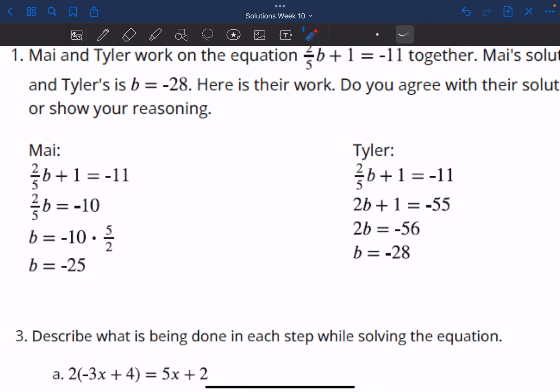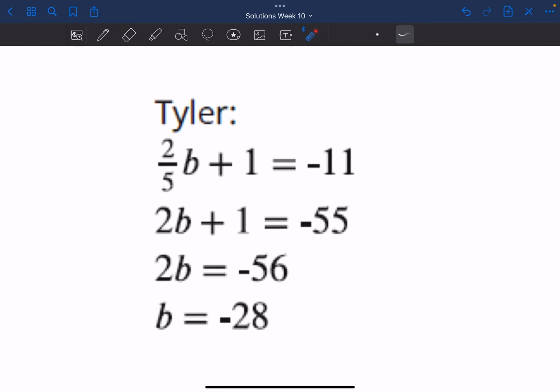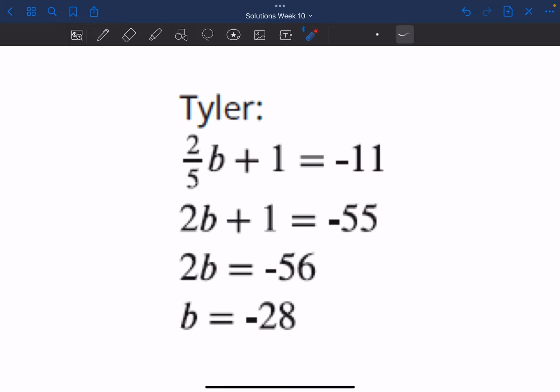Now he's doing this differently. We're still going to check that he's correct because it's possible they're both incorrect. So he is leaving the +1, and he's dealing with everything involving this 2/5 fraction here.